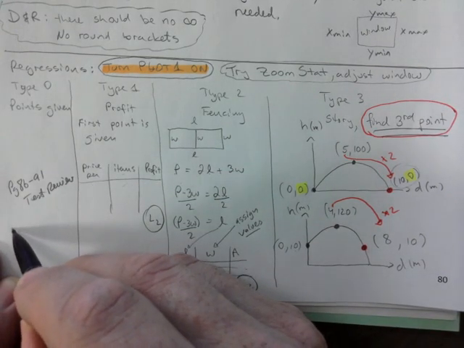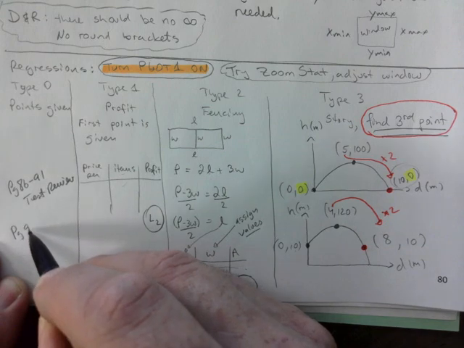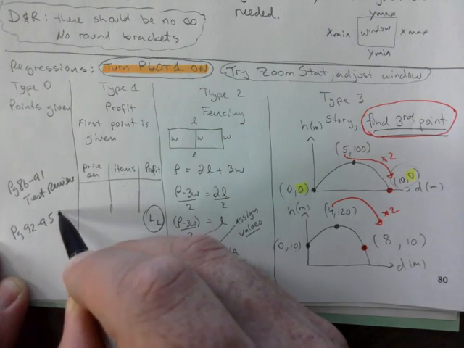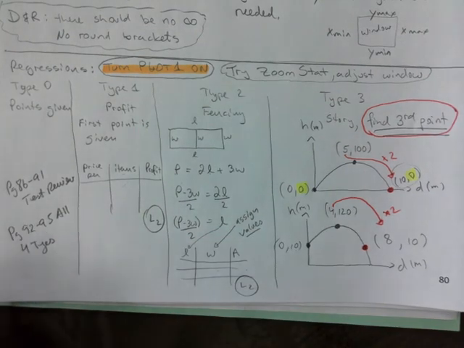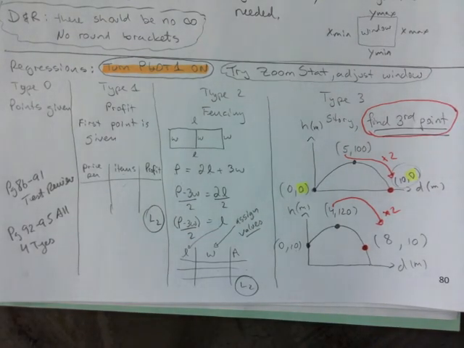And then pages 92 to 95, all 4 types review. So if you feel like you need help with just the regressions, then 92 to 95 is where you want to go right now. And let's start there and then review all the other vertex form, general form, all of that stuff later on.